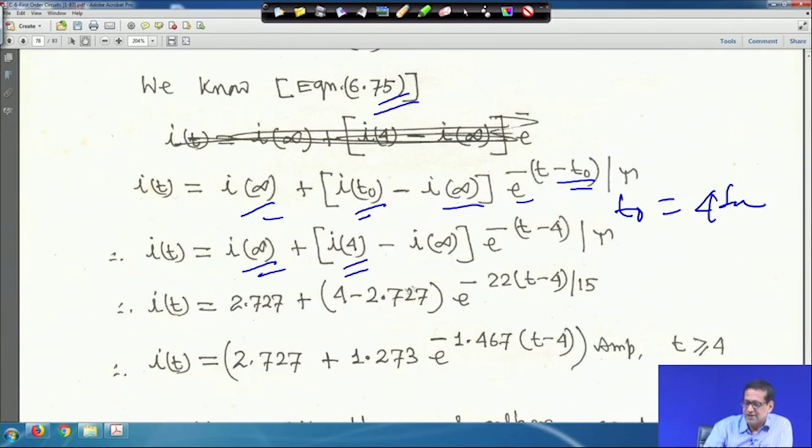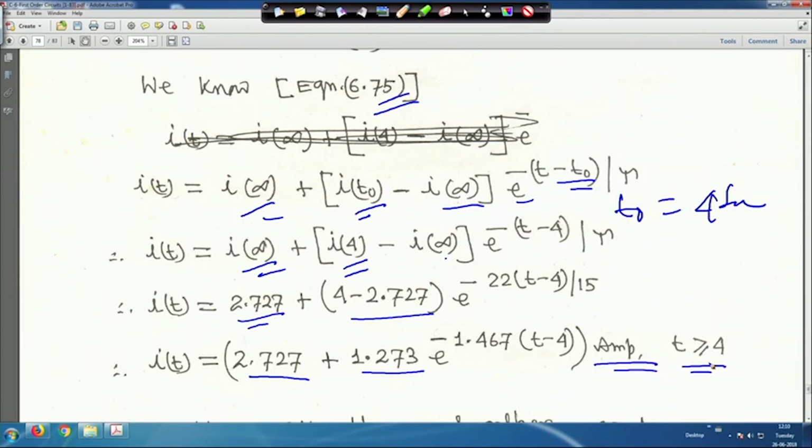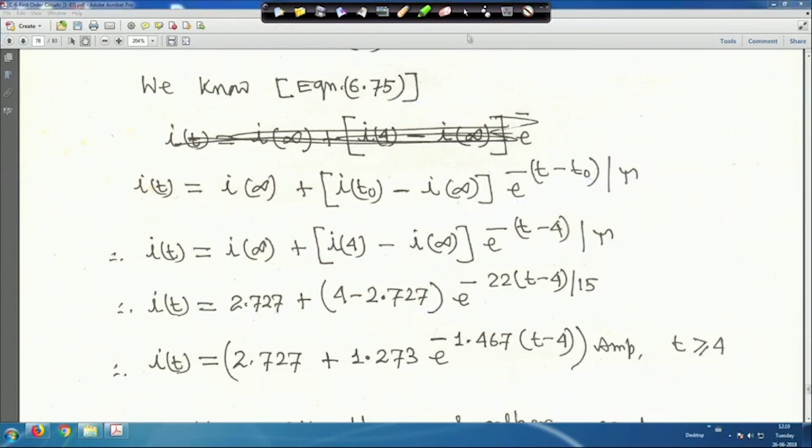If you put all these values, I infinity, I 4 and tau, you will get I t is equal to 2.727 plus (4 minus 2.727) e to the power minus 22 by 15 into (t minus 4). So I t will be 2.727 plus 1.273 e to the power minus 1.467 (t minus 4) ampere for t greater than or equal to 4.